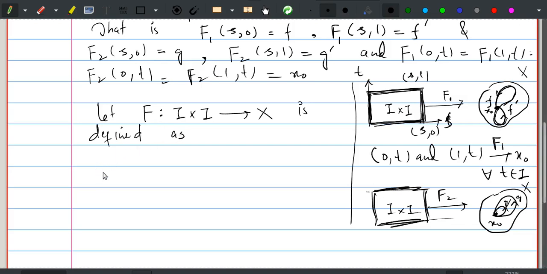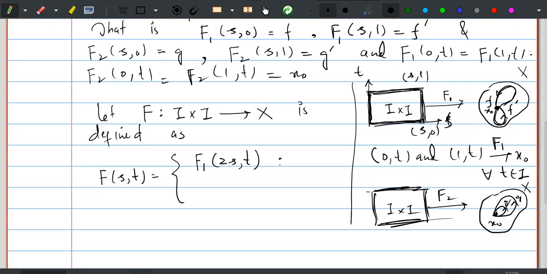F(s, t) is F1(2s, t) when s lies between 0 and half, and it is F2(2s minus 1, t) when s is in the other half.